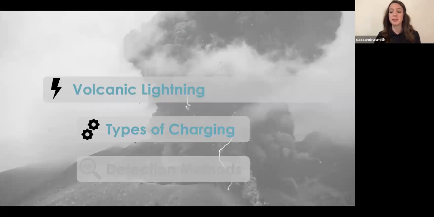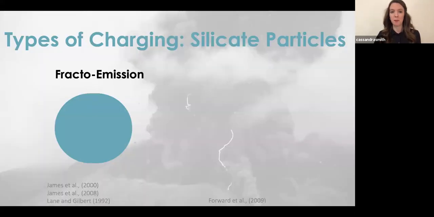So moving on to the types of charging. Volcanoes are different from meteorological thunderstorms in the one main way that there's silicate particles involved. It's not just ice and water in the cloud. And these silicate particles can interact in different ways and release charge and form charged particles.